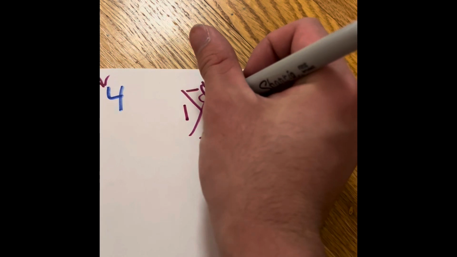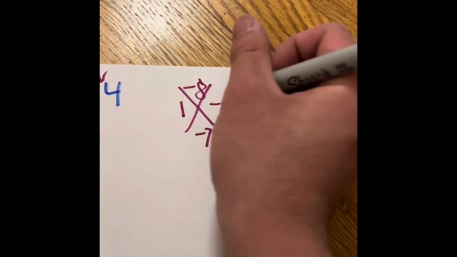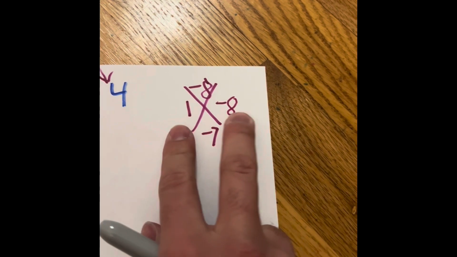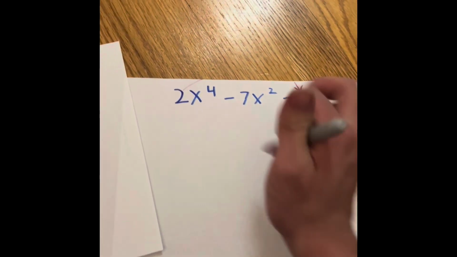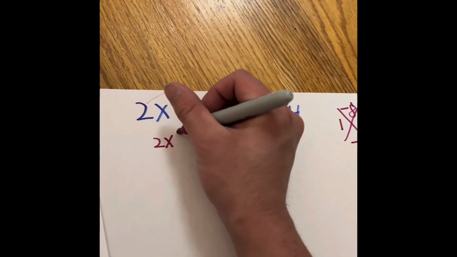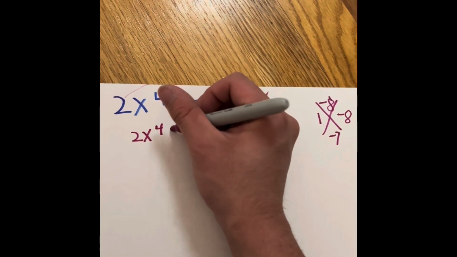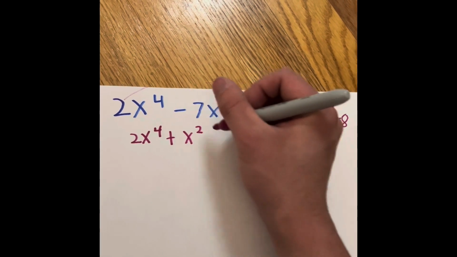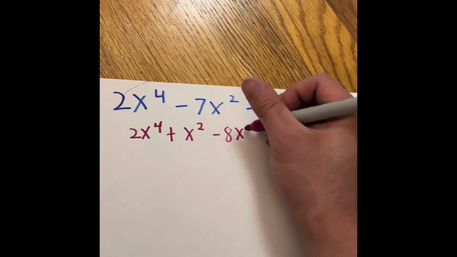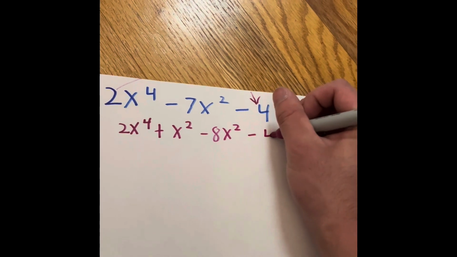Yeah, we have 1 and negative 8. And since those two numbers work, we will get 2x to the power of 4 plus x squared minus 8x squared minus 4.